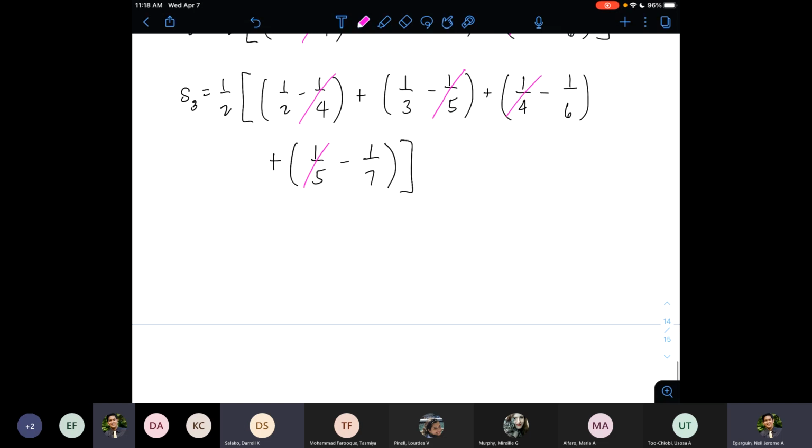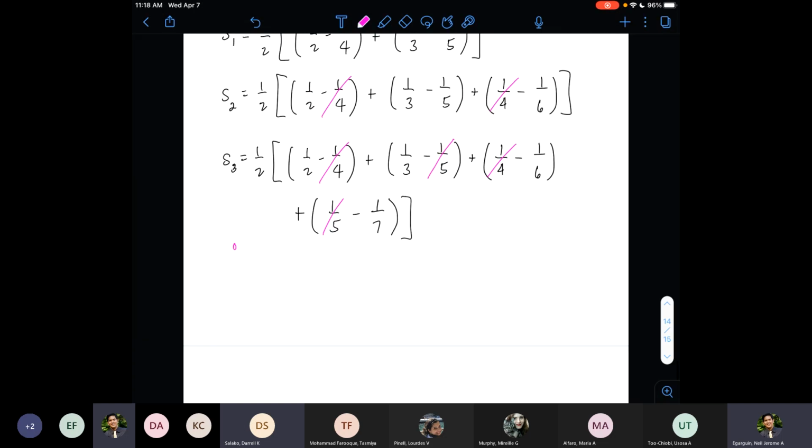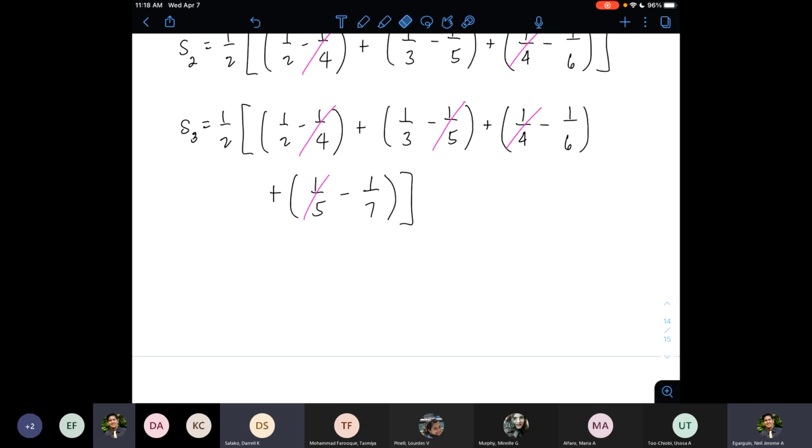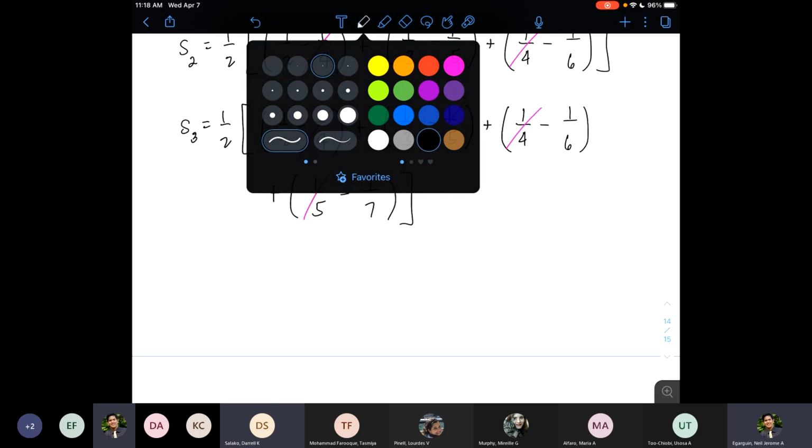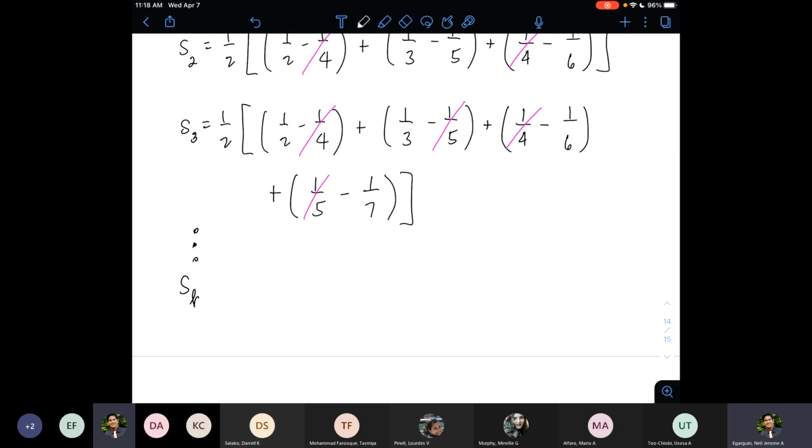So I guess we can now guess the pattern. Here I think the pattern for S sub k would be 1/2, the constant multiplier, times 1/2 plus 1/3, because we concluded they will not be canceled anymore. But what would be the last two terms? We expect there would be two negative fractions at the tail end, right?